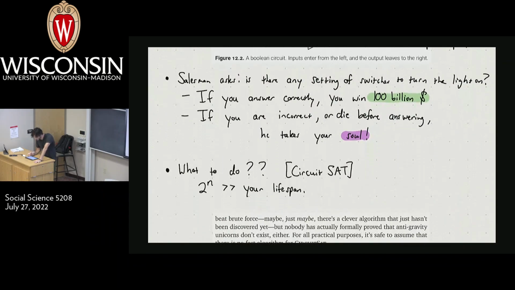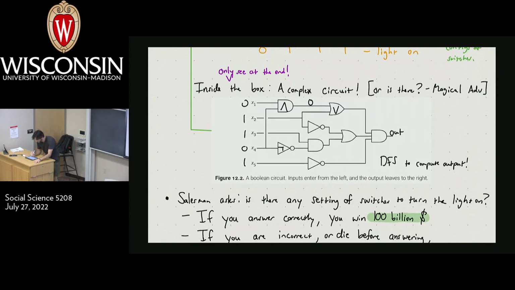So particularly, this is a problem called circuit SAT. It's the problem of trying to find any configuration or any inputs of 0 and 1s into the circuit so that the final output is 1.